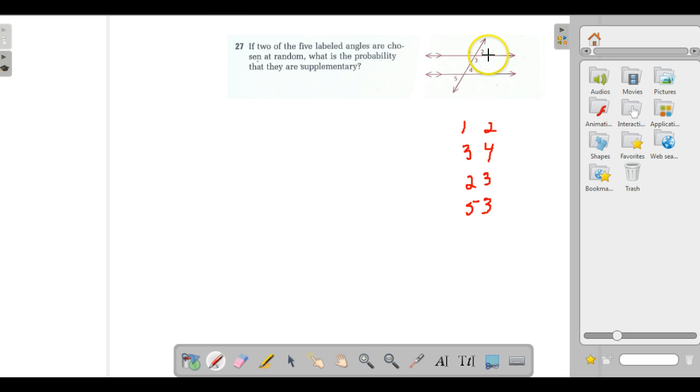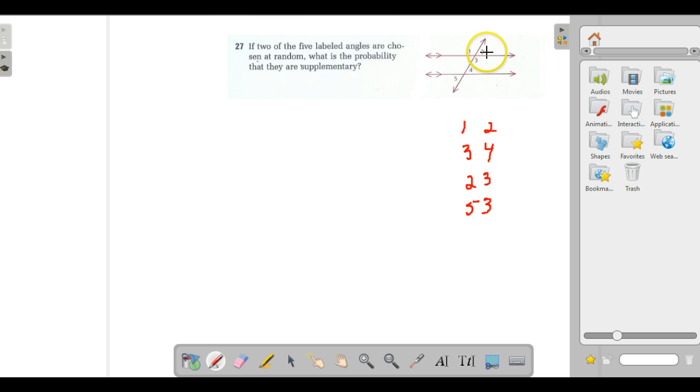And since 4 and 2 are corresponding angles, because two parallel lines cut by a transversal, corresponding angles are congruent. 4 and 2 are both to the right of the transversal, and both of them are above their respective parallel line.